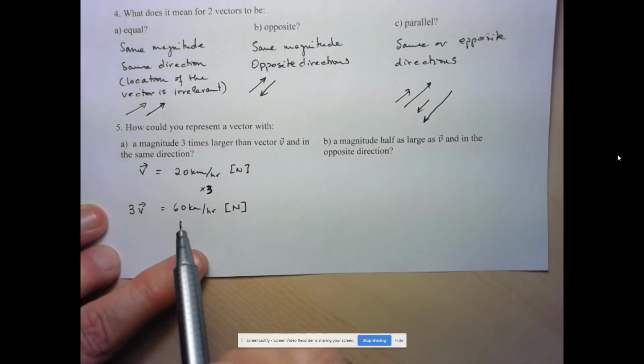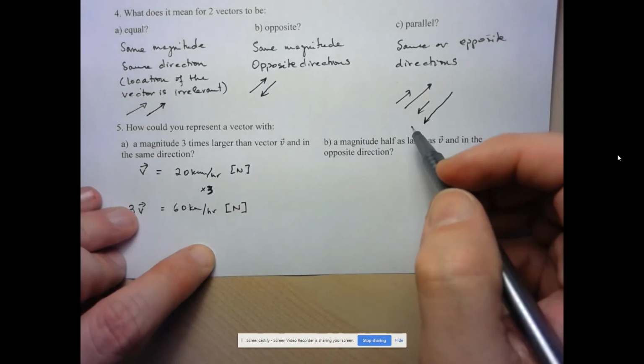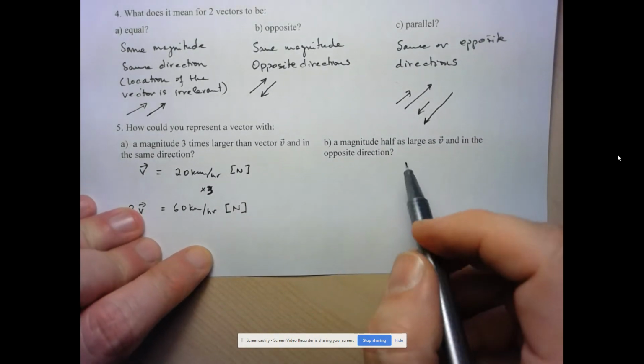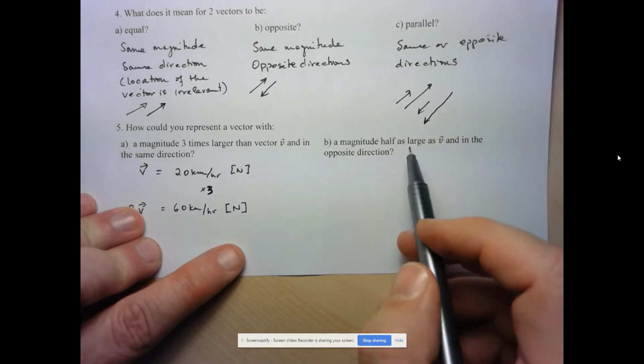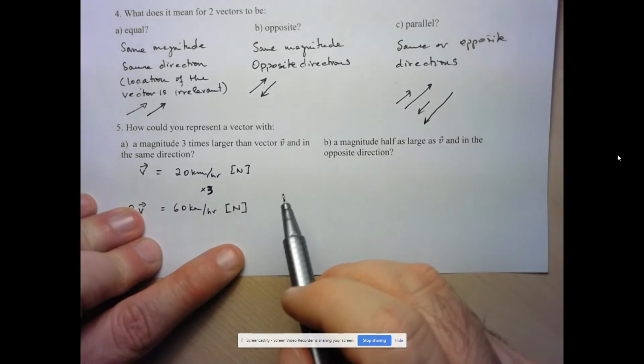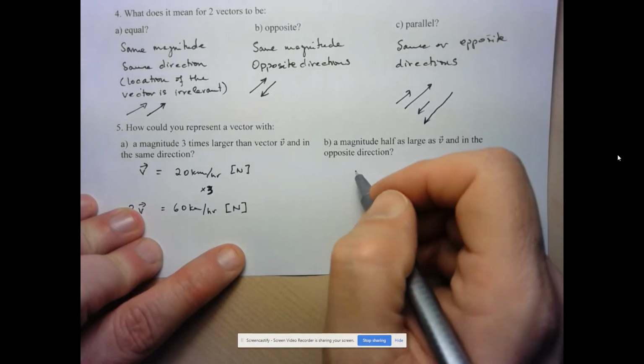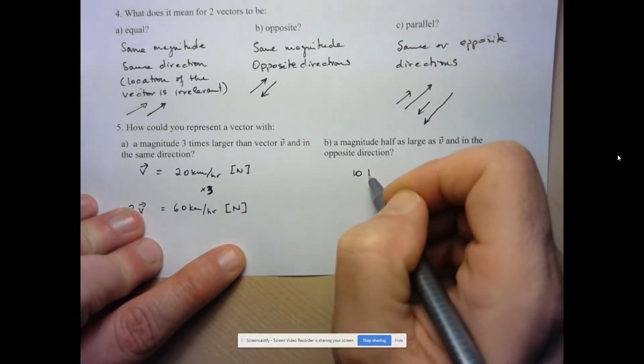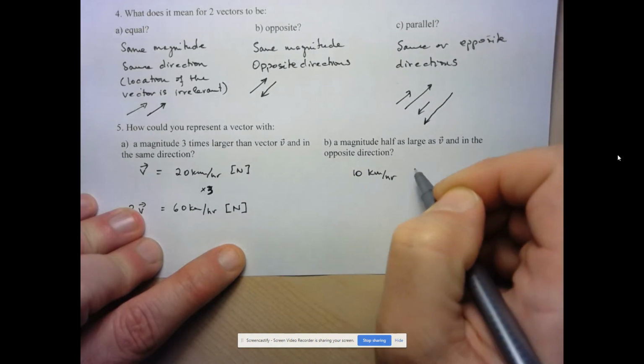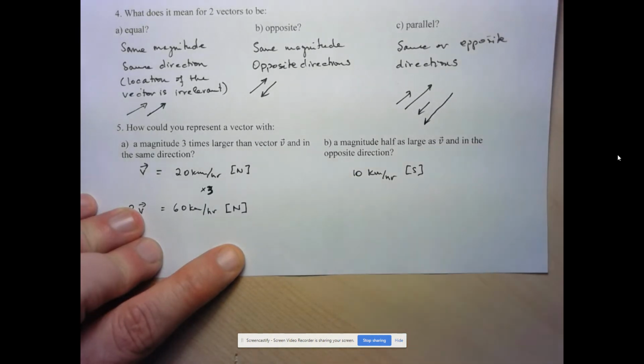So now let's say we want a vector, in this case here, whose magnitude is half as large, and in the opposite direction. So in other words, I want to describe the vector that's 10 kilometers per hour in the south direction.